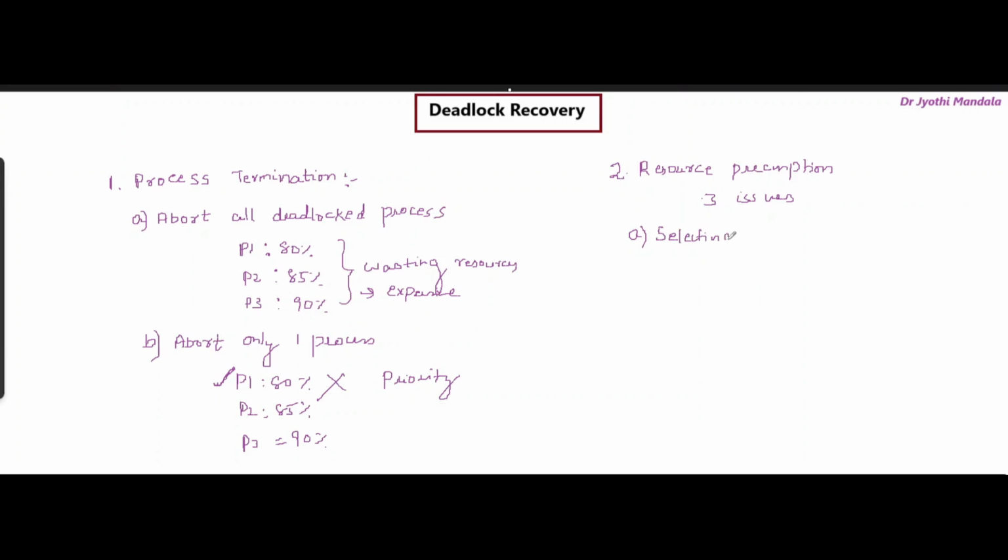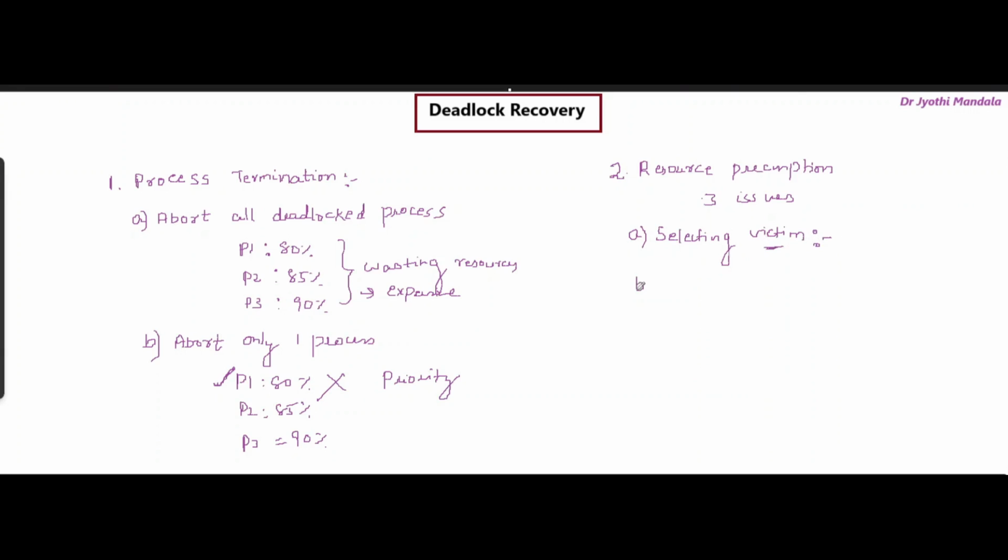Which process has to be selected, so that from that process resources can be removed. In that case, we need to select the process which is holding the maximum resources and is creating the deadlock. That process will be the victim.